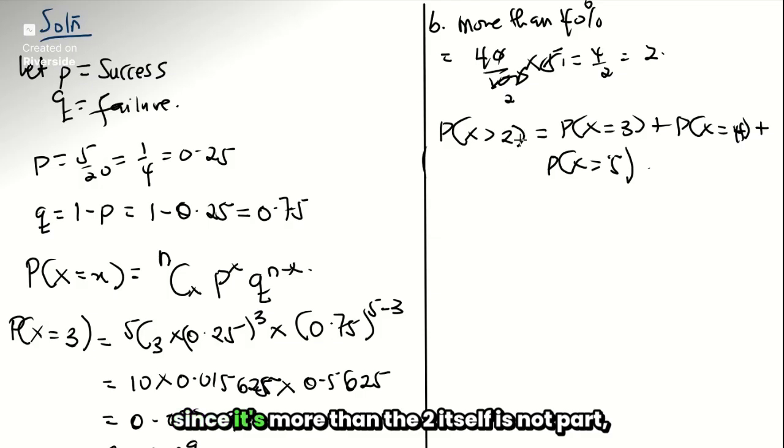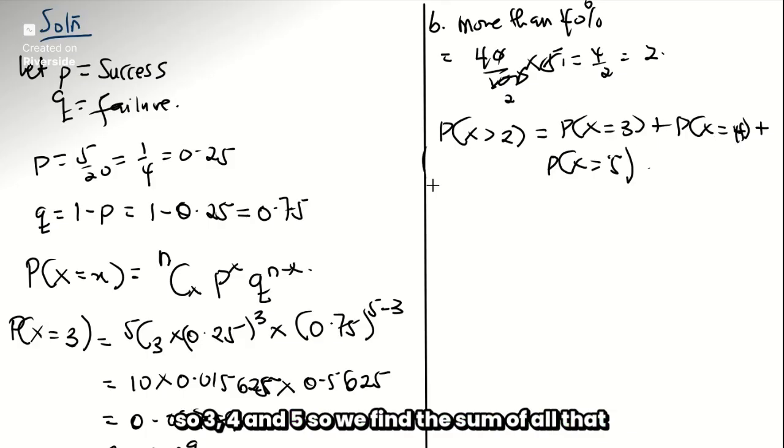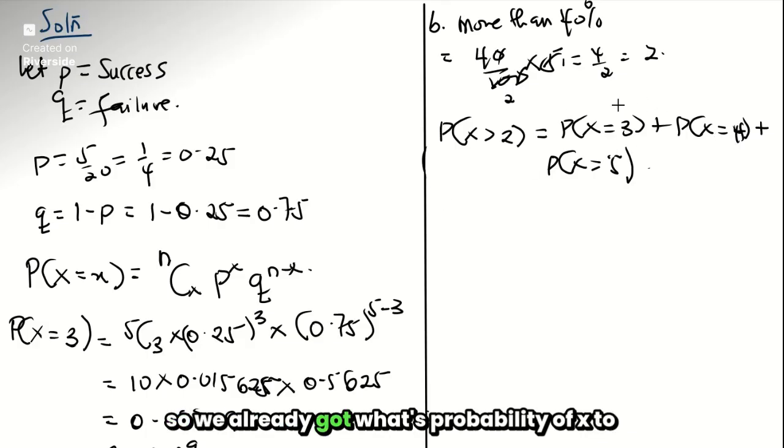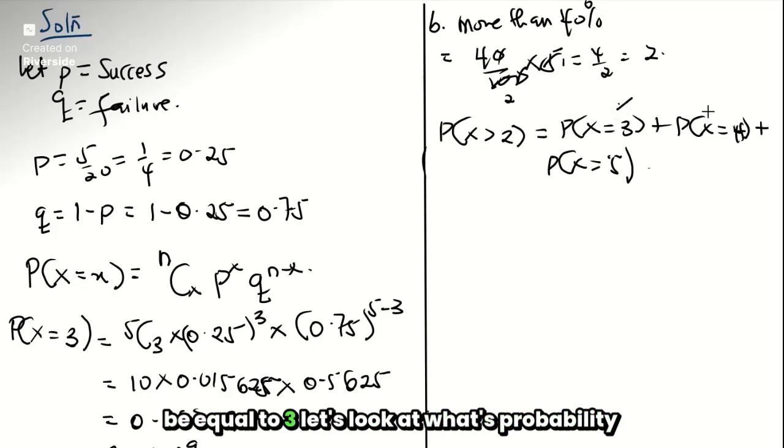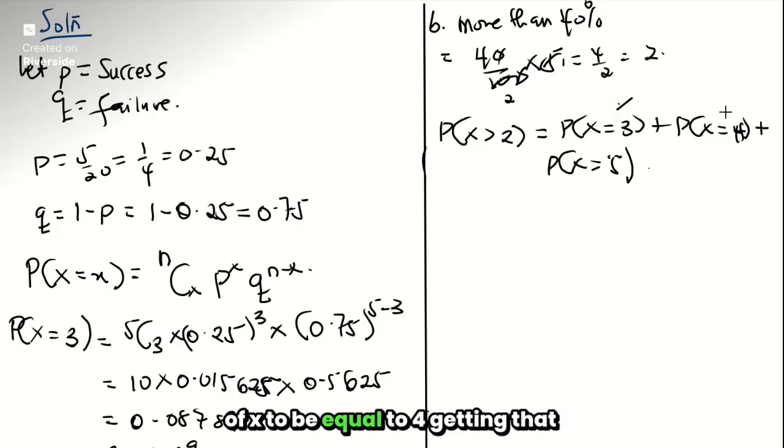Since it's more than, the 2 itself is not part, so 3, 4, and 5. So we find the sum of all that. We already have the probability of X equal to 3. Let's look at the probability of X equal to 4.